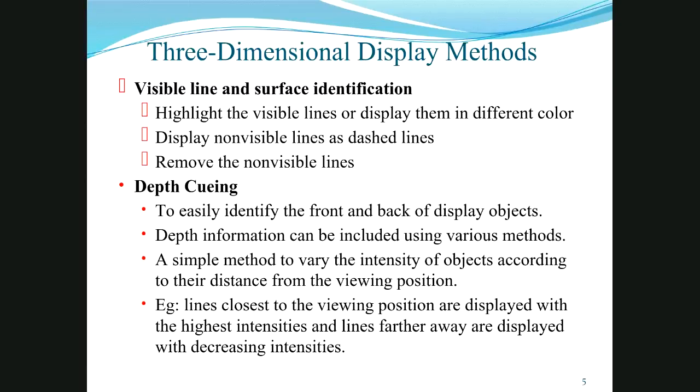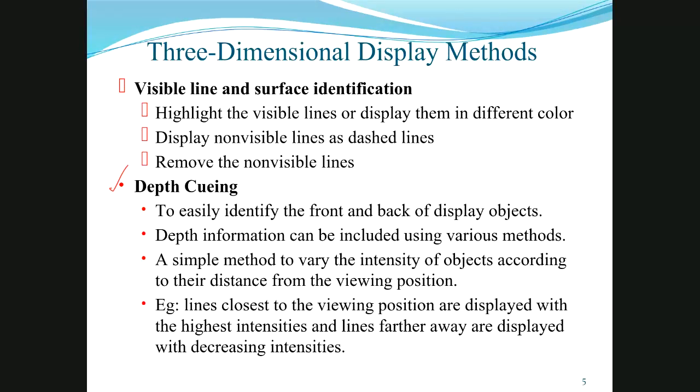Then coming to depth cueing. Using depth cueing, we can easily identify the front and back of your displayed object. That means in a 360-degree angle we can see that object.